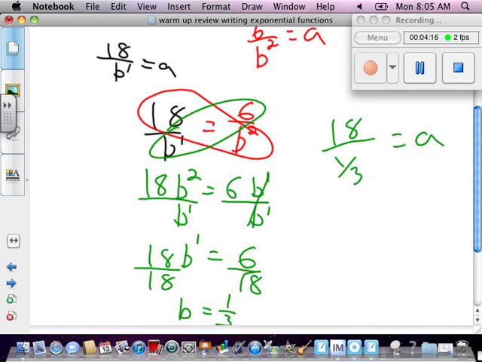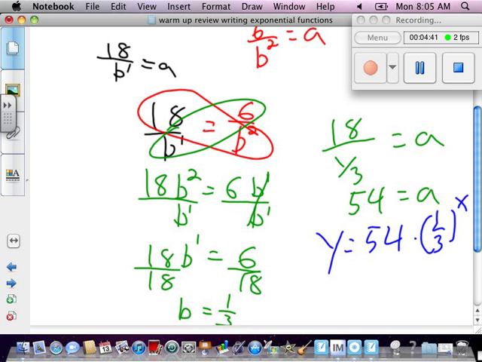You could do 18 times 3 over 1, because when you're dividing by a fraction, you flip the second one. But we get 54 equals a, so our equation is y equals 54 times (1/3) to the x.